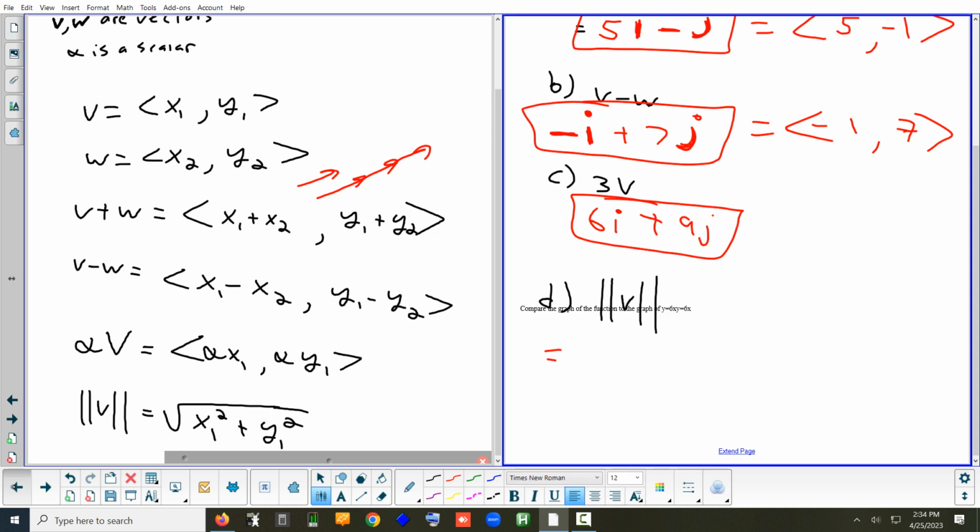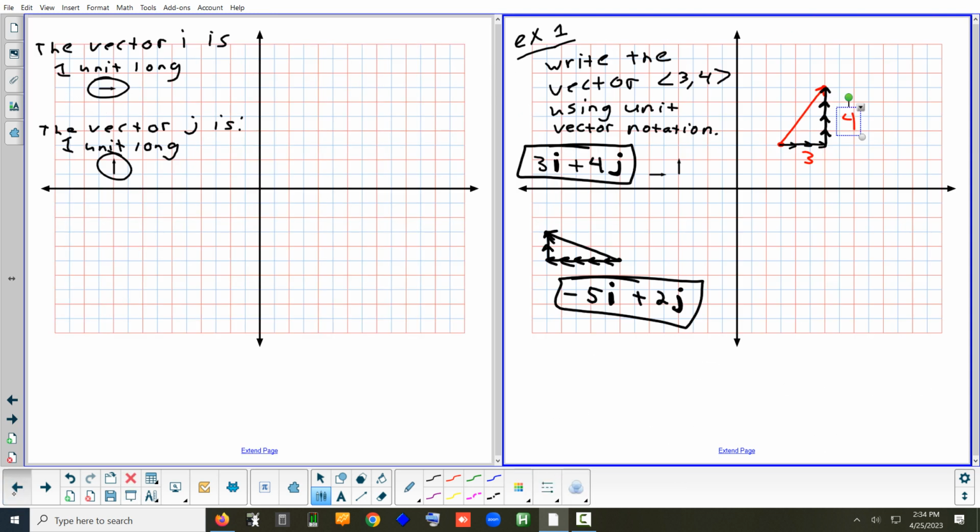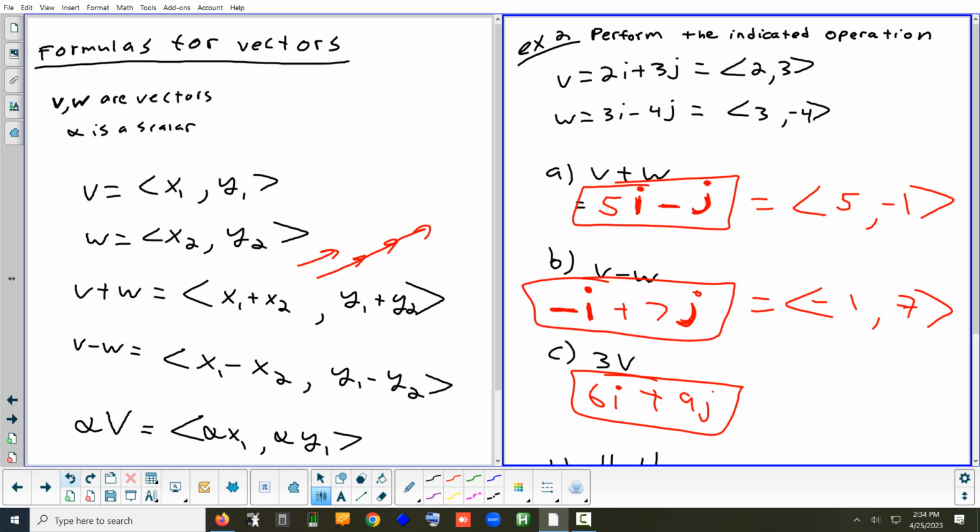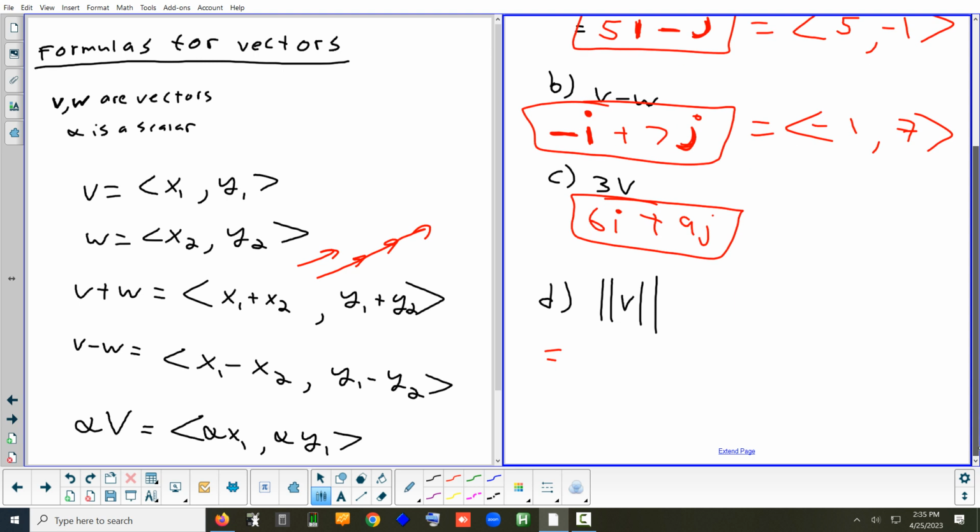We talked about it when I showed you that picture right there. Yeah, the Pythagorean theorem. Can you tell me how to write the Pythagorean theorem using my numbers for v?